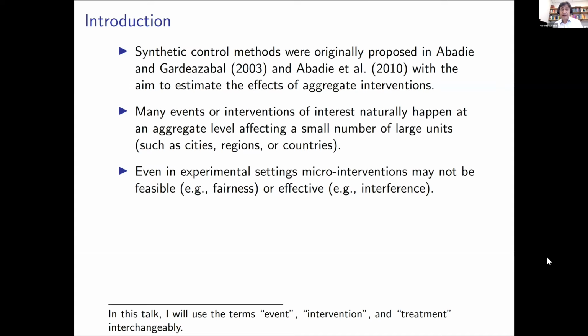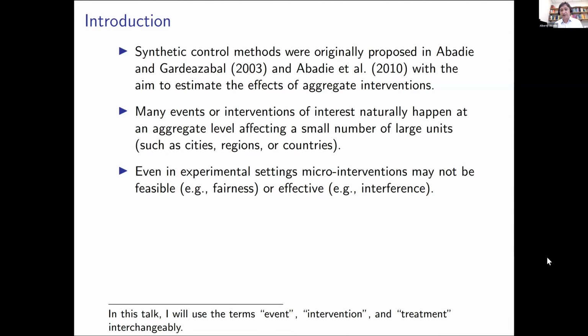And even if you are in an experimental setting where the experimenter has the freedom of deploying the intervention at a micro level or at a macro level or at an aggregate level, the experimenter may not want to do it at the micro level because there may be fairness considerations. For example, if you have two individuals in the same location and one is treated and the other is not treated, this could raise issues of fairness.